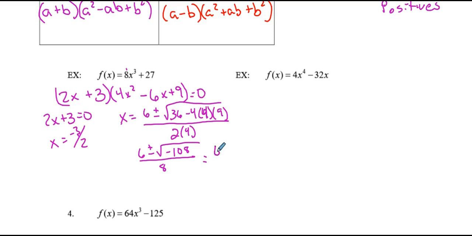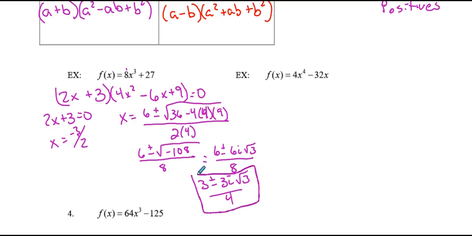So that gives us 6 plus or minus 6i root 3 all over 8, which we can then simplify to 3 plus or minus 3i root 3 all over 4.